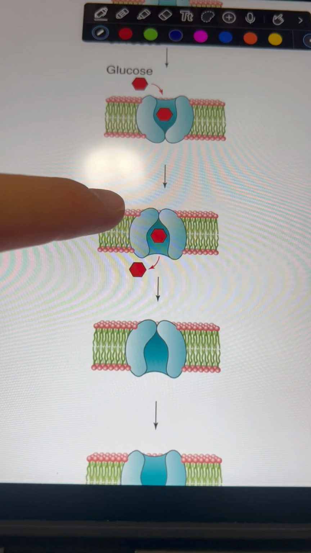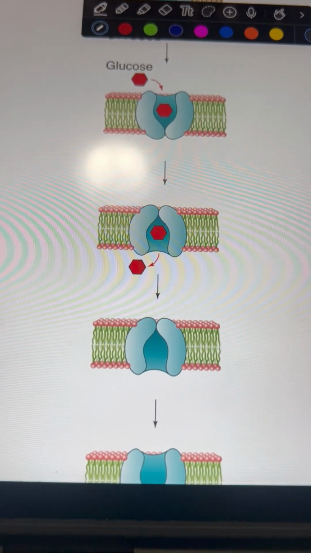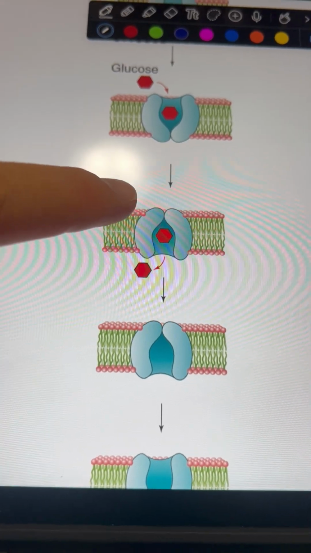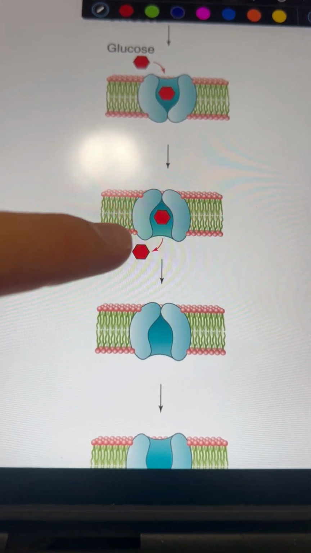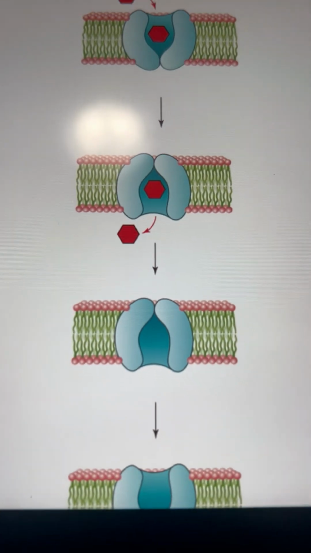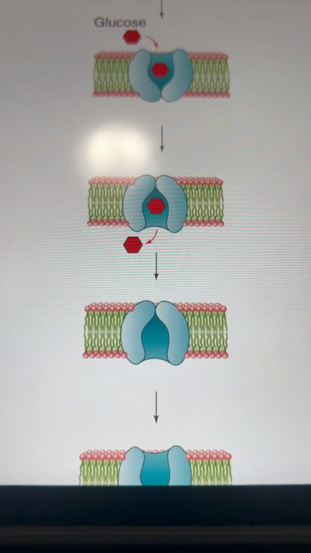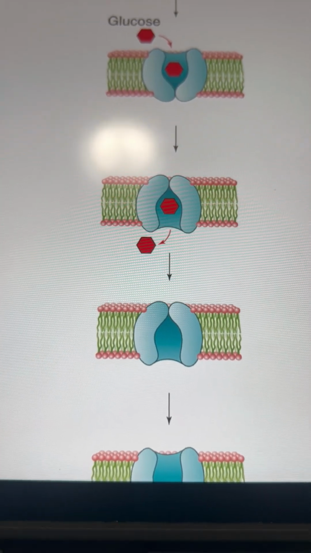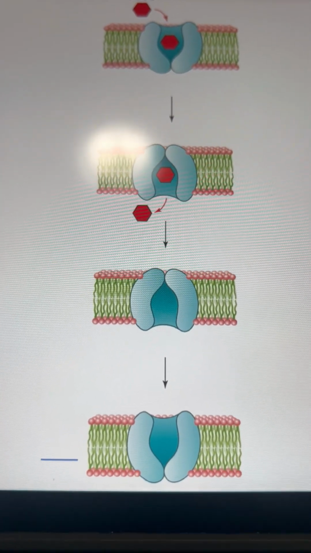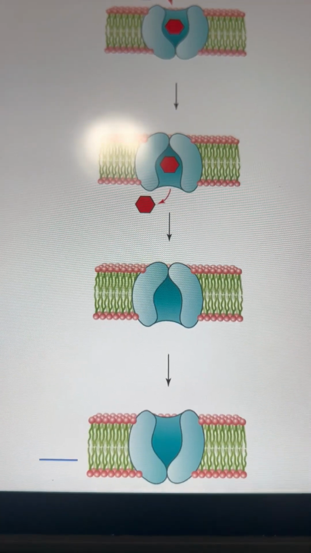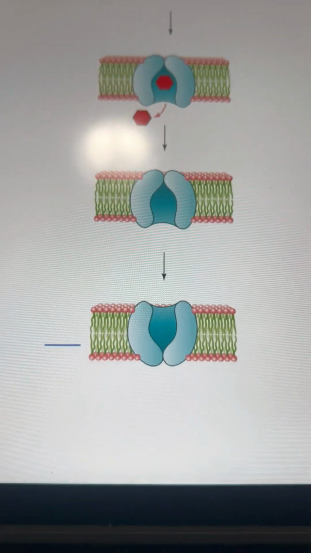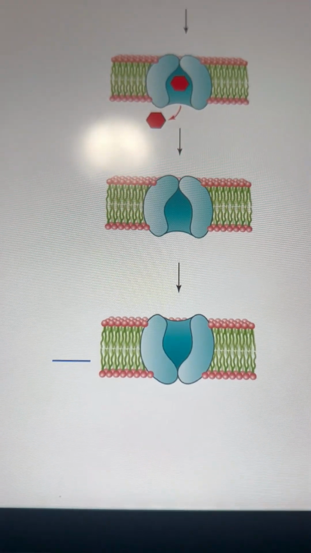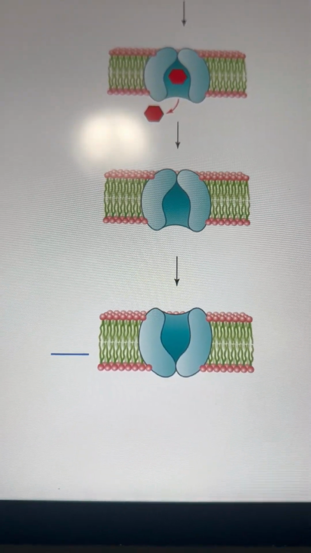Where it was previously open to the extracellular space at the top, it is now closed off, not allowing anything else to enter at the time, and it is open at the bottom to the cytosol, the inside of the cell. Once this occurs, that glucose is exposed to the inside of the cell. The glucose can then dissociate from the transport protein, which leads us to this conformation right here. Same conformation, we just don't have a glucose bound to the transport protein anymore.